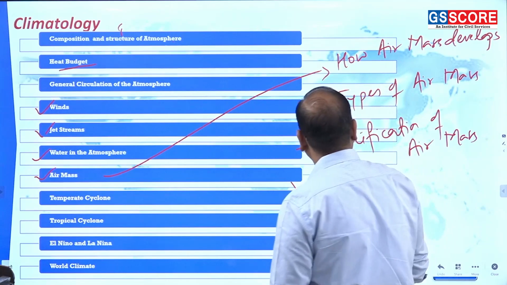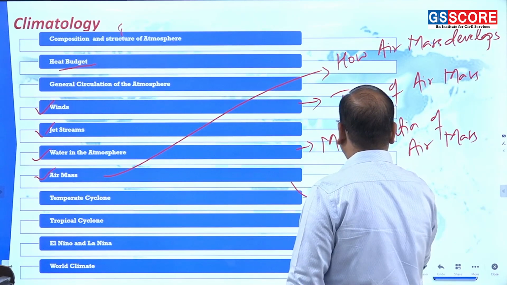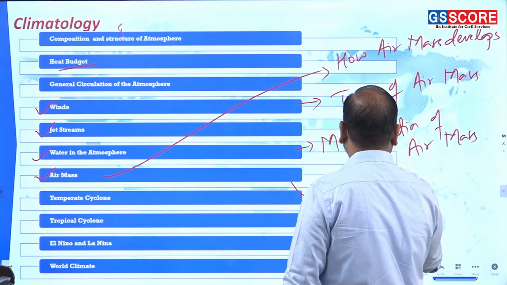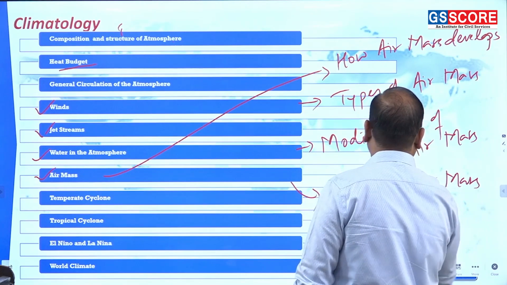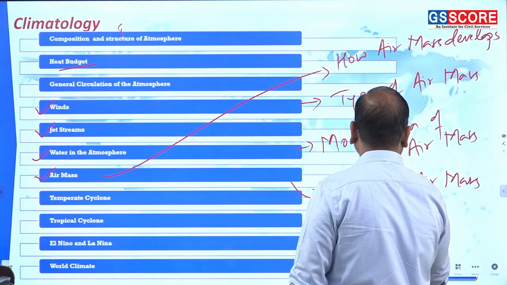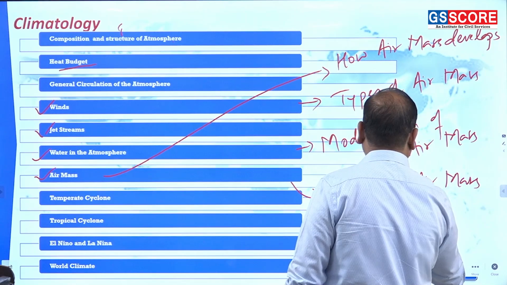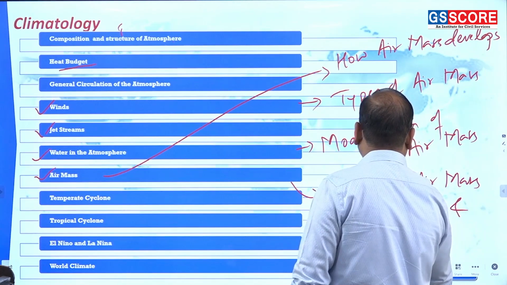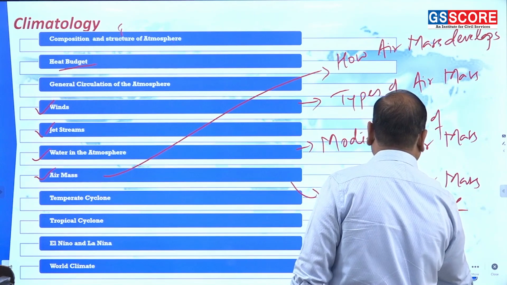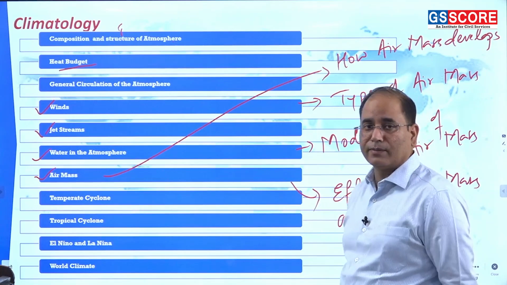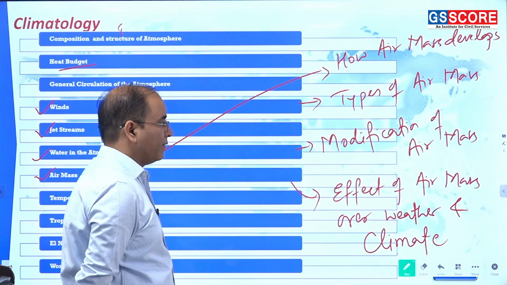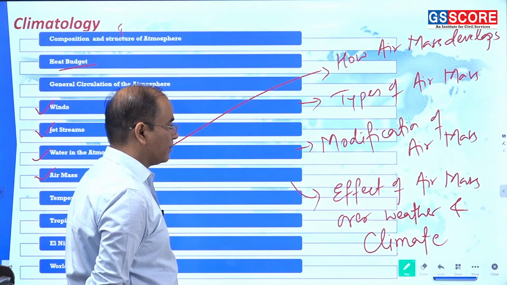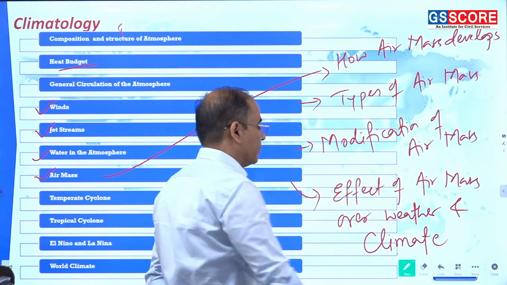also you are supposed to study the effect of air mass over weather and climate.